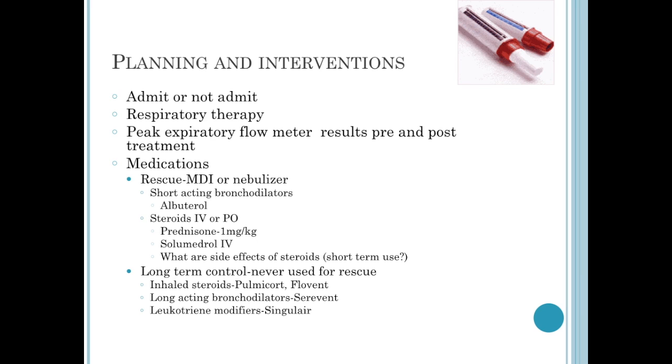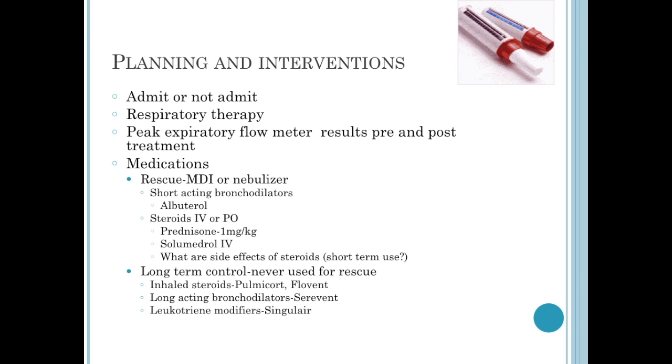It causes GI upset. For this reason, you will see some type of a PPI on the MAR, and you wonder, well, why do they need a PPI? Some of them actually end up having GERD as a separate problem, but most of these kids on steroids are going to develop gastritis, so that's why we give it.